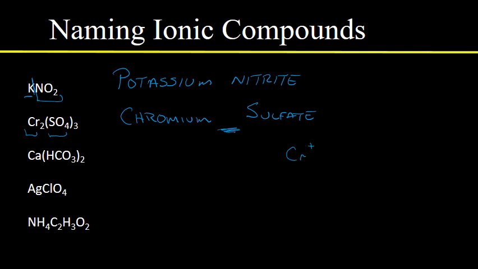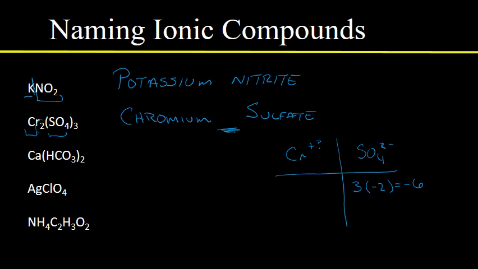Chromium plus question mark. We don't know what the charge is on the chromium. And sulfate is a charge of 2 minus. So for our anion, we've got 3 sulfates. So the total negative charge is -6.